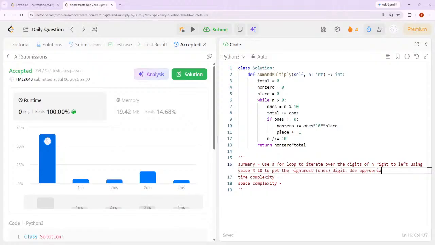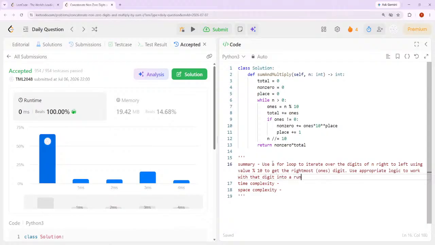Use appropriate logic to work with that digit into a running sum of digits, which I call the total, and into a non-zero value, which is about the n without zeros.